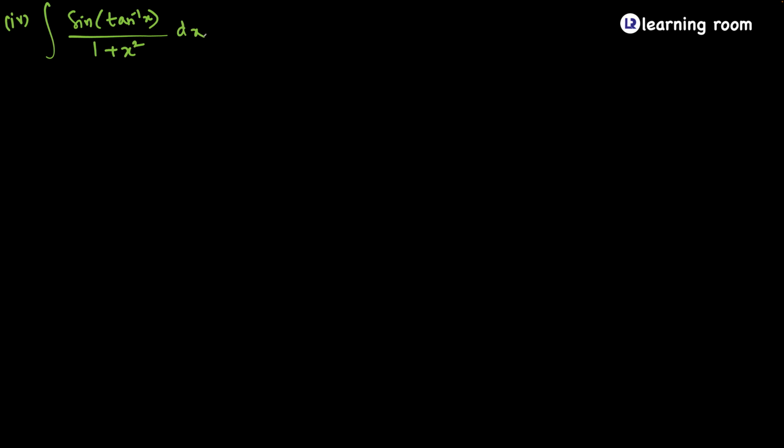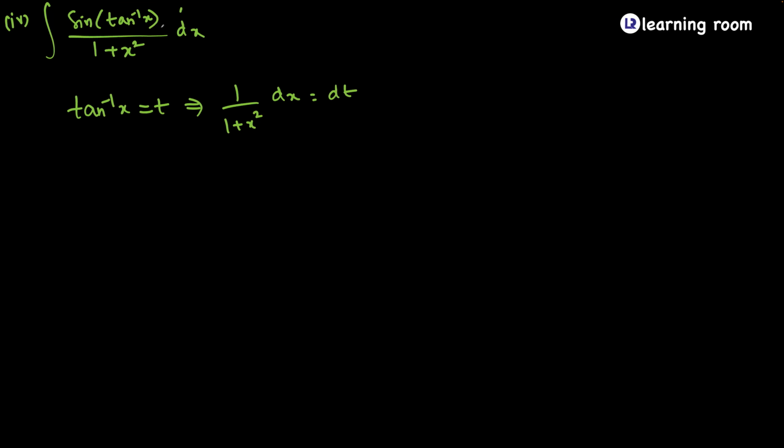Now, if you observe, most of the problems where trigonometry is involved, whatever is the argument there inside should be substituted as t. So in this case, what is the argument? Argument is the angle. So tan inverse x, but you also have to look at one step ahead and check what is the derivative of tan inverse x? 1 by 1 plus x square, right? So here, if you substitute tan inverse x as t, then you will get 1 divided by 1 plus x square times dx as dt.